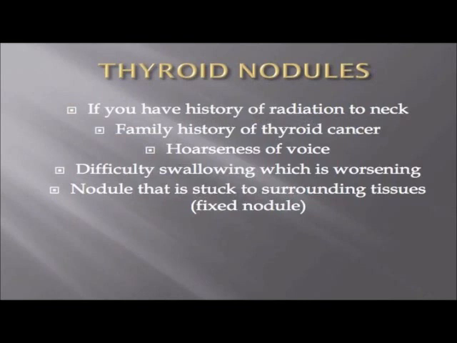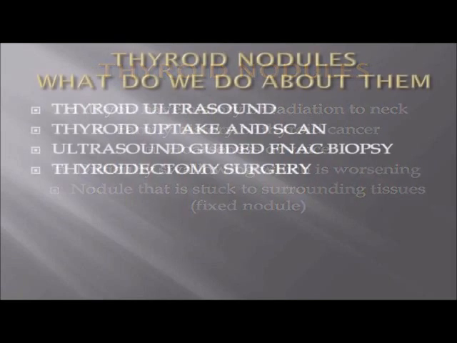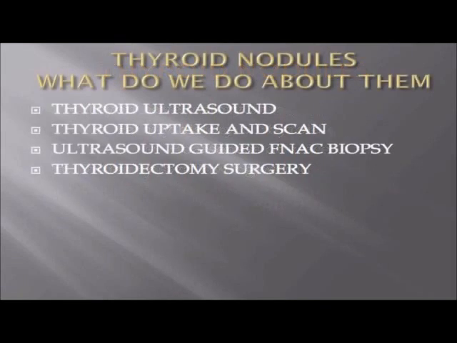So what do we do about thyroid nodules? Well, we do a thyroid ultrasound, uptake and scan, biopsy, surgery, all sorts of things. Thyroid ultrasound is the best modality to measure the size of nodules.